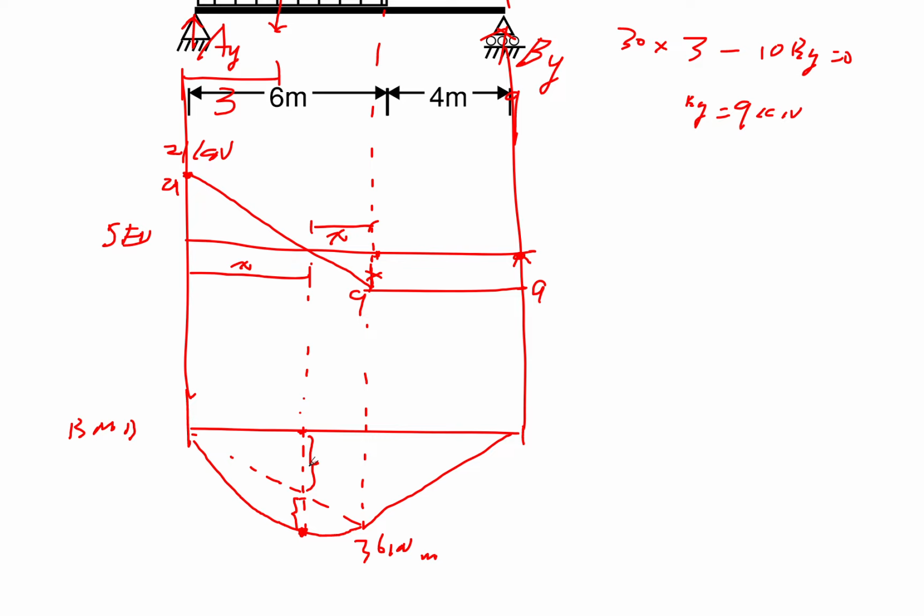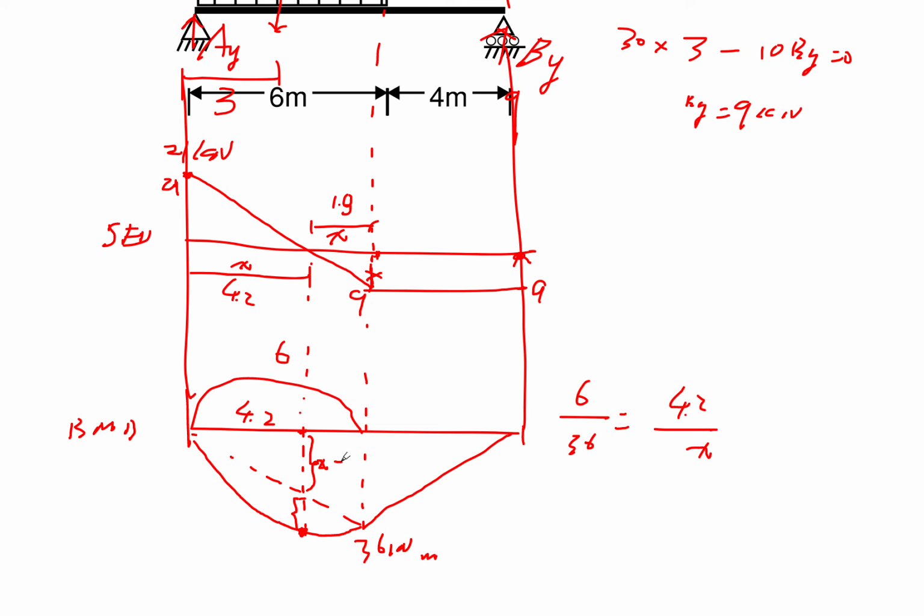To get this distance, we need to know this other distance here. Using trigonometry you can work out this is 1.8 and this is 4.2. The overall length from here to here is 6, so 6 divided by 36 is equal to 4.2 divided by x.